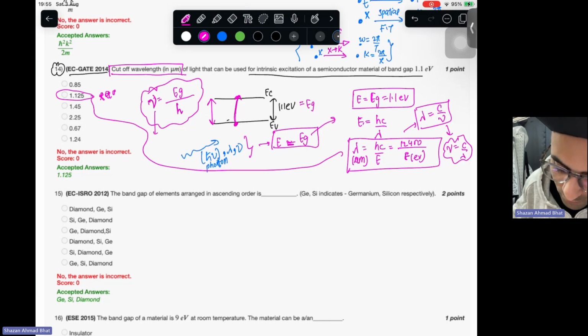This should be the frequency of the photon. Only then will it be accepted by the system and the electron will excite to the higher energy state. This is the cutoff frequency of the photon. If you convert this into wavelength, you get the desired answer to this question.